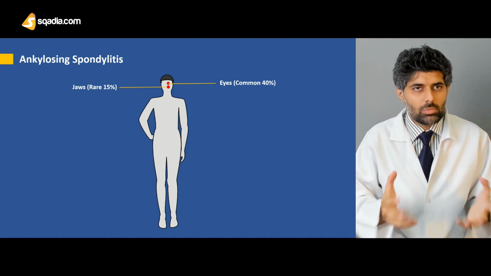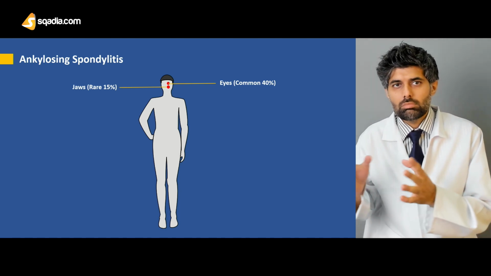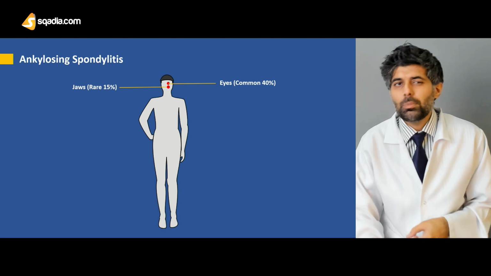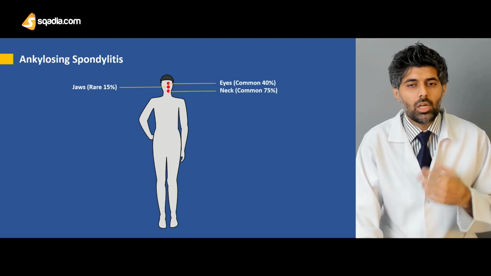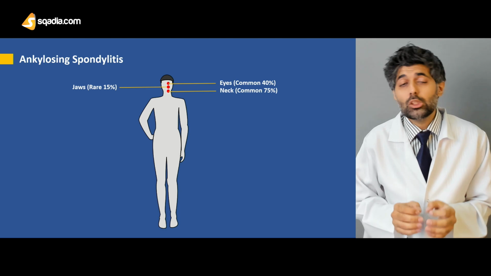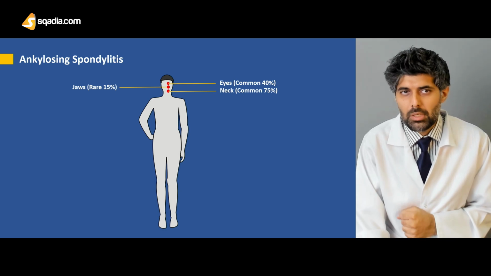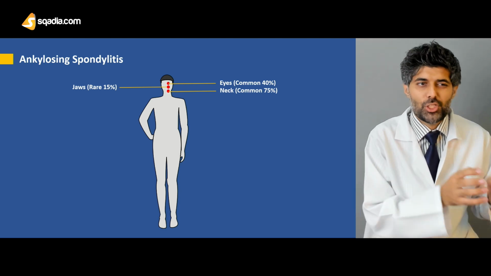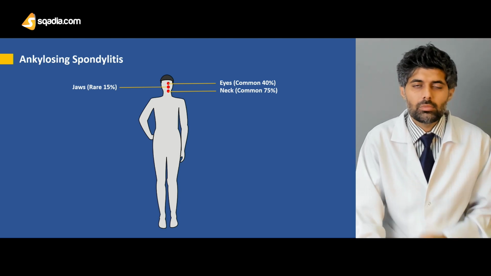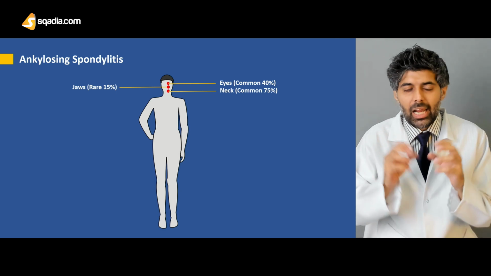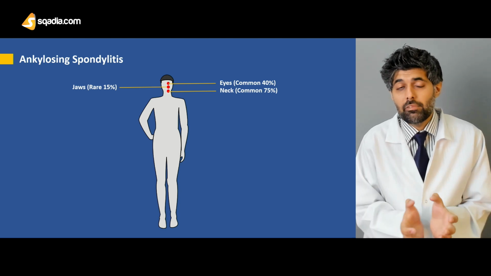We know that even the jaws are affected in about 15% of the population. The neck is most commonly affected, in about 75% of the population, but that is more of a general effect, in that any part of the neck can be affected.